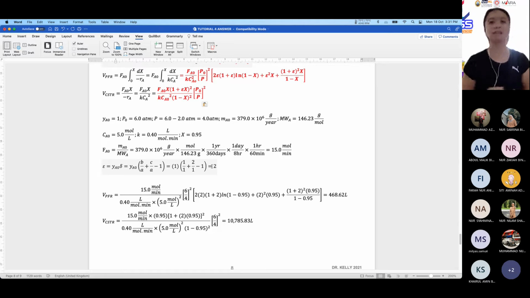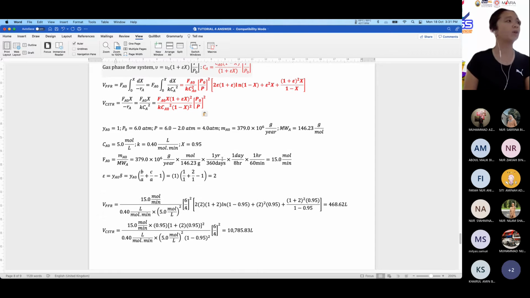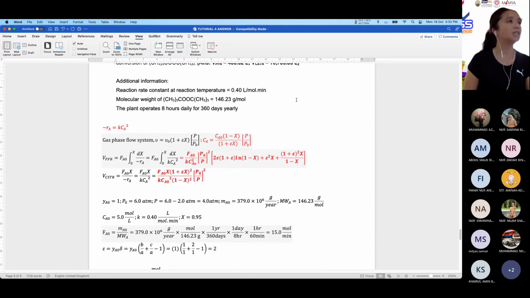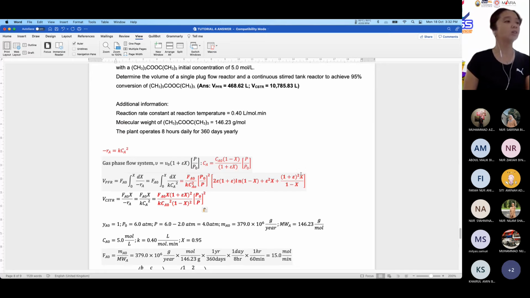Okay, so epsilon, as I said, can be negative, not necessarily positive. In this question it is positive, but it may be a negative number. Okay, and X we already know, X was 0.95. So basically you have already solved everything.